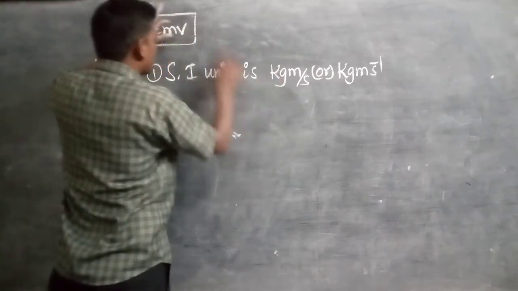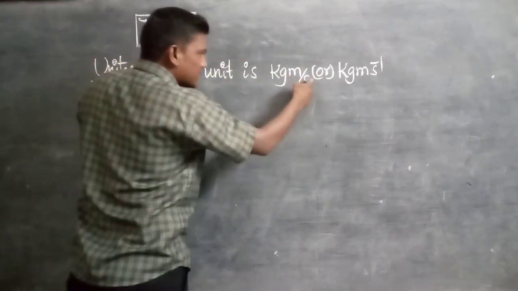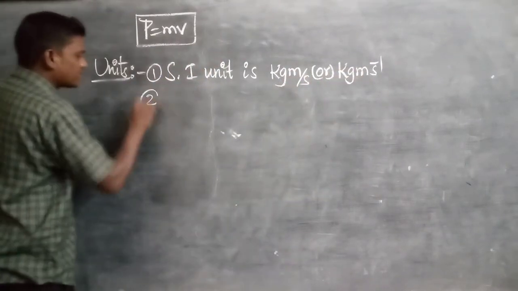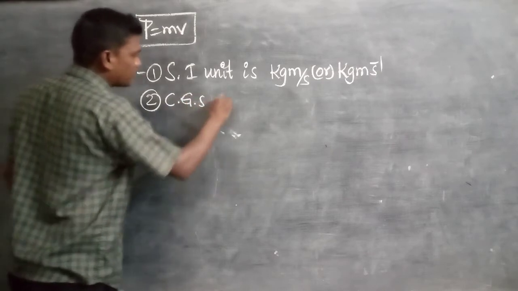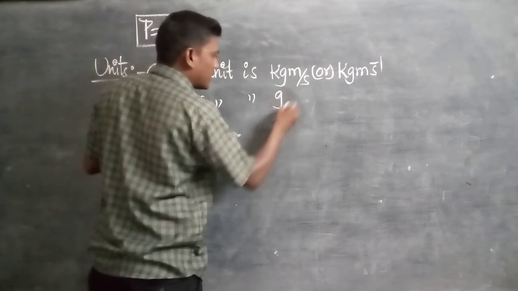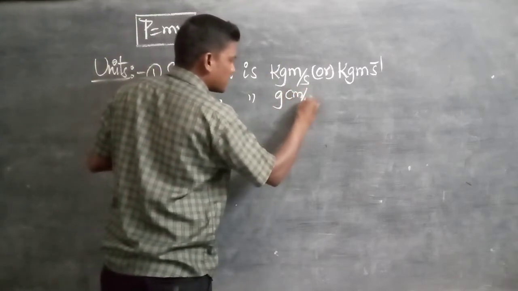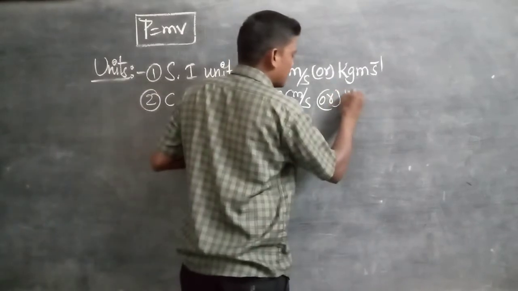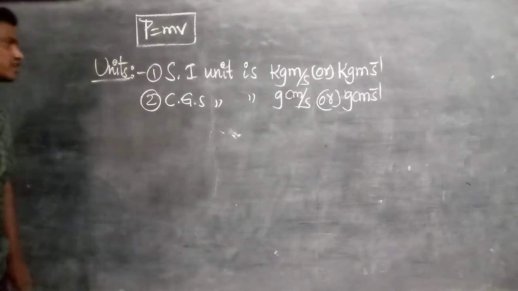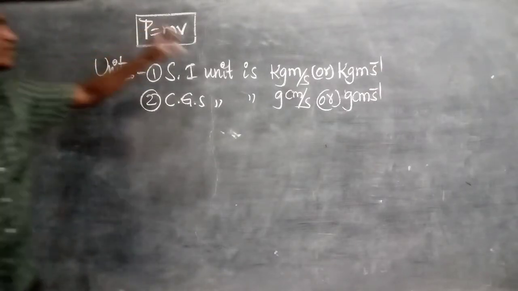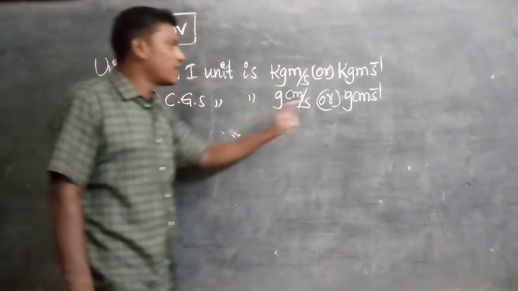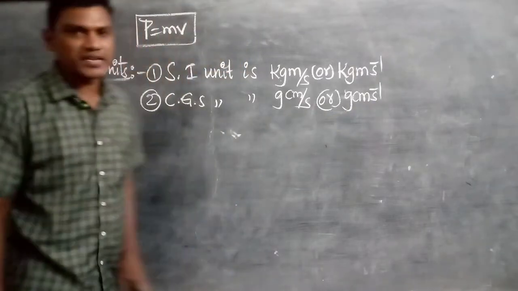And the CGS unit: mass is measured in grams and velocity in centimeters per second, so gram centimeter second power minus 1. So the SI unit of momentum is kilogram meter second power minus 1, and the CGS unit of momentum is gram centimeter second power minus 1.